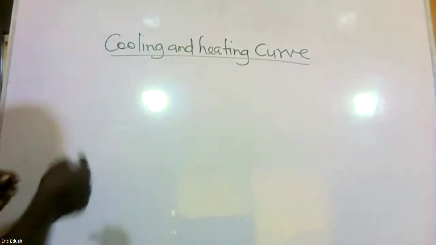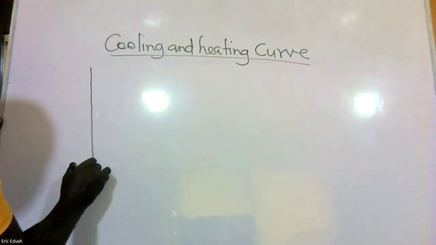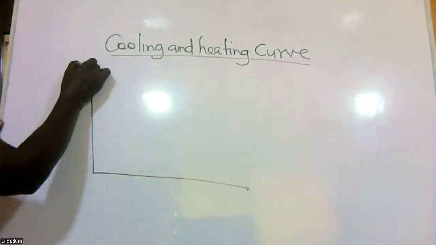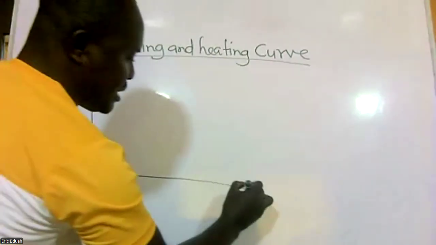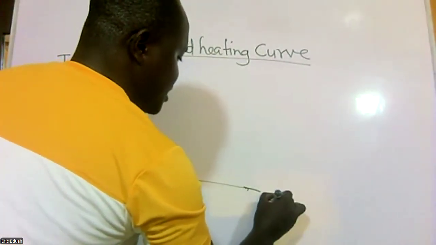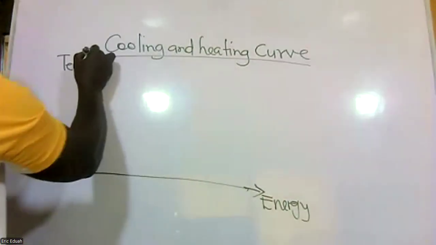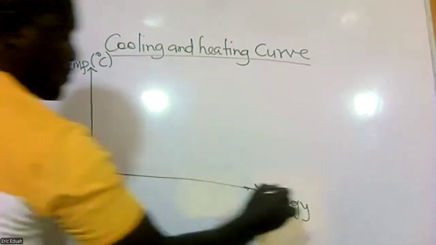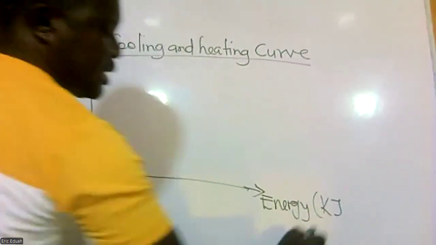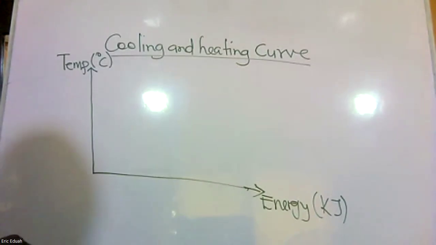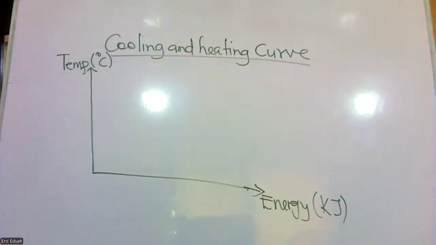Okay, so the cooling curve and heating curve is actually a graph of temperature on the vertical axis against energy on the horizontal axis. Temperature in degrees Celsius and energy usually in kilojoules, because the energy involved can be huge.